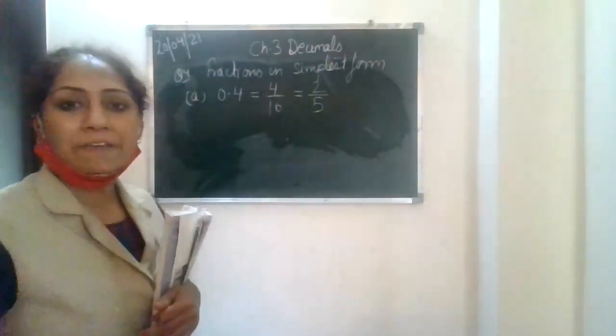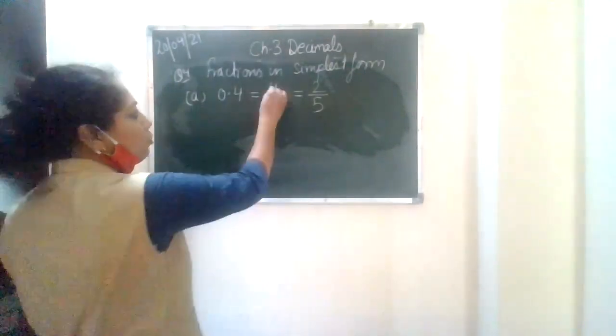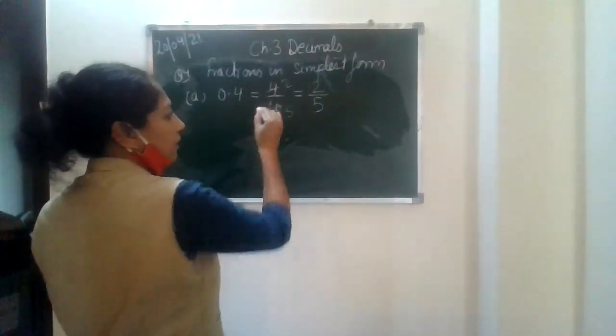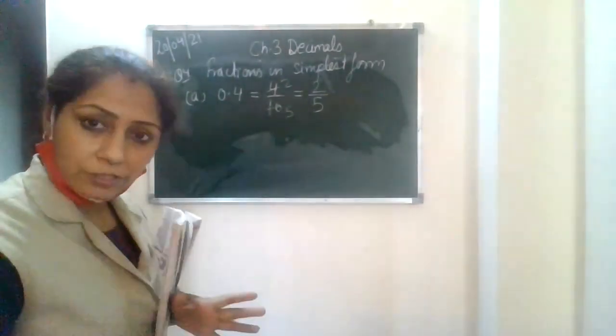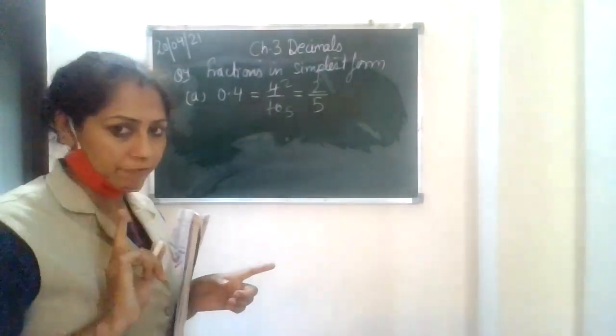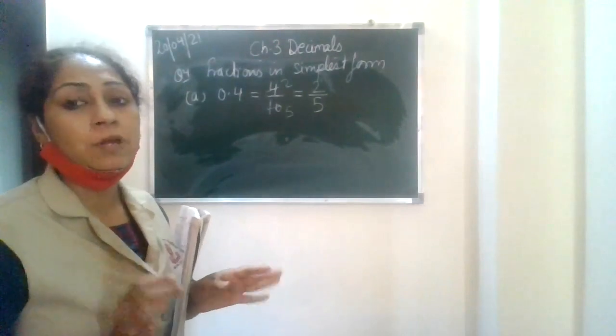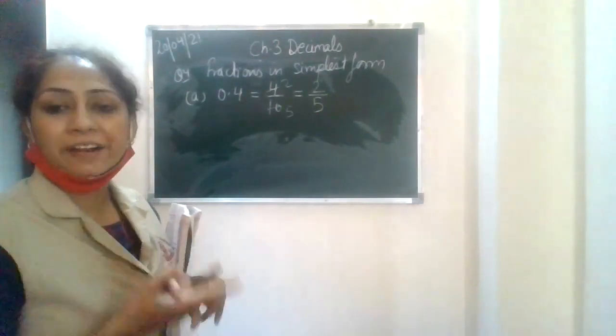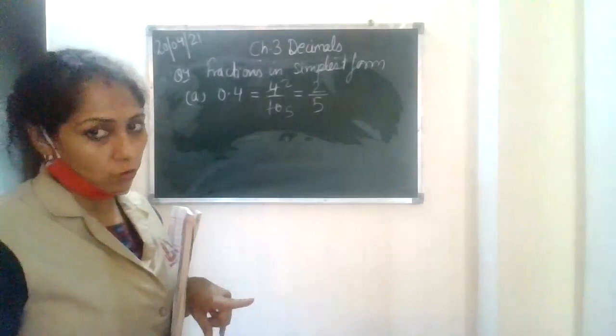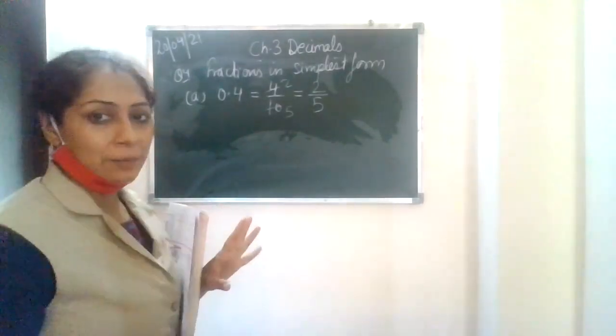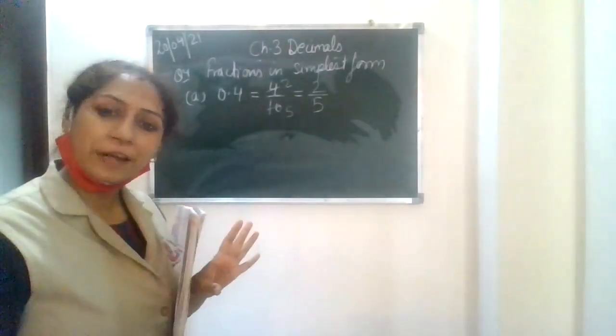Okay, 2 by 5. If I cut it by 2, 2 into 4, 2 into 5 is 10. So can you reduce it further? No, only 1 is the common factor. So that is what we want. That is the definition of the simplest form. When we have only 1 as the common factor between the numerator and denominator, this is nothing but co-prime.